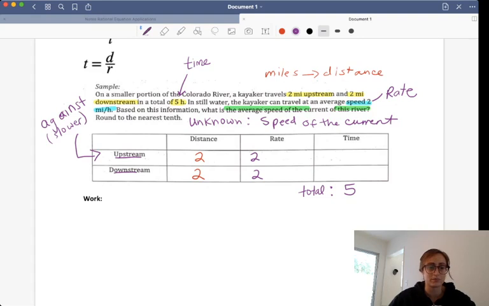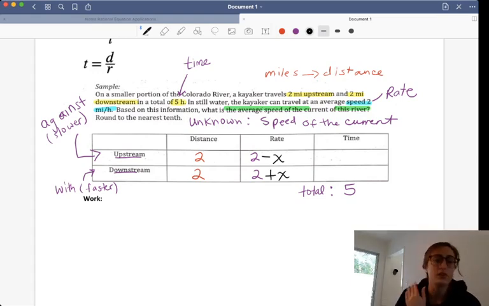Downstream is going with the current, so that's going to be faster. So that means that the way that's going to affect the rate that I'm traveling in the kayak is that this rate is going to be the speed I can usually go minus the speed of the current. When I'm going downstream, the current's making me go faster, so it's the rate I can go by myself plus the speed of the current.